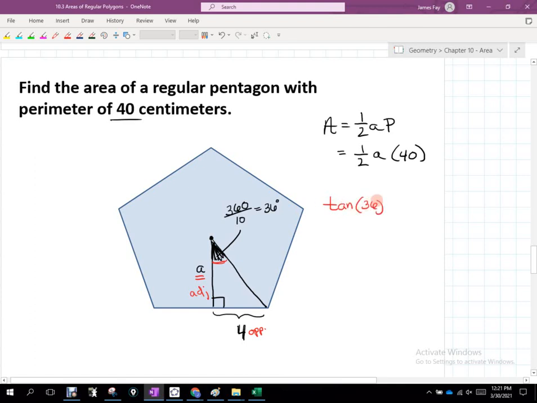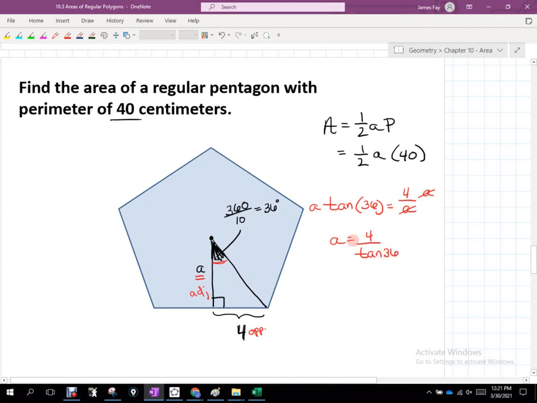Tangent 36 is equal to opposite over adjacent. I'm going to multiply both sides by the LCD. But hopefully we remember the pattern. What happens when A is on the bottom? First I'm going to multiply both sides by A, and they'll cancel that way. Then divide by tangent 36, so I get 4 divided by tangent 36. Is that what you meant?